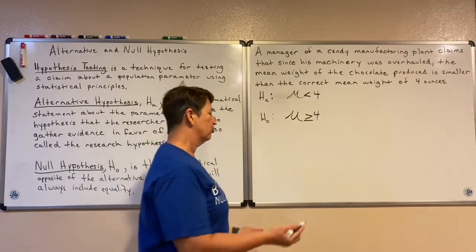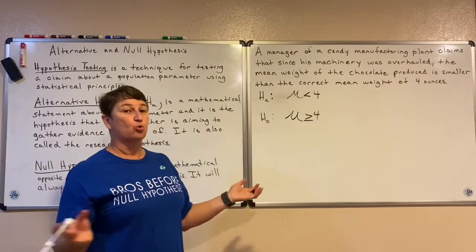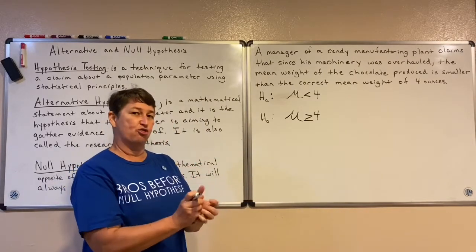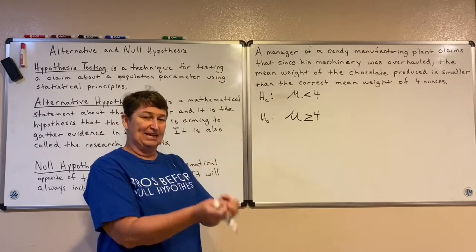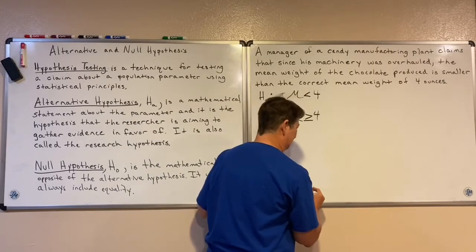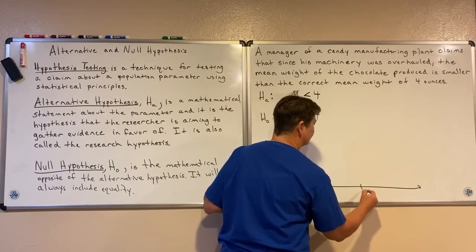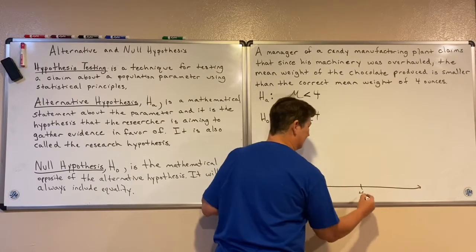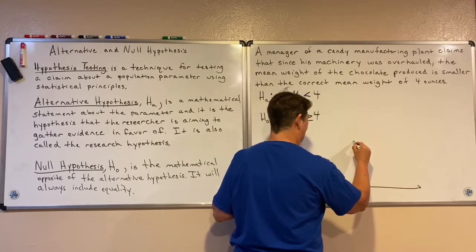So remember that when we go out and collect a random sample of at least 30 chocolate bars, and we weigh them, and then we find the mean of those chocolate bars, that mean is part of a sampling distribution that is approximately normal. And the mean of that sampling distribution would be the same as the population.